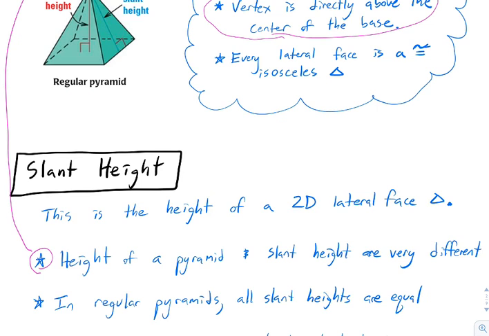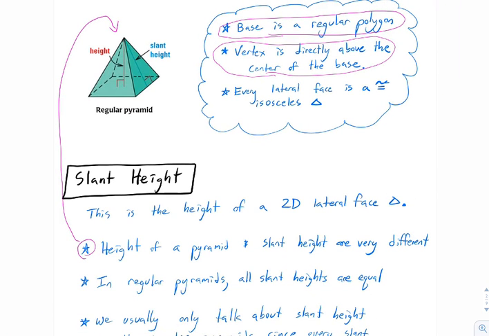Now, this is probably the single most common mistake when people are dealing with pyramids, is mixing up the height of the pyramid and the height of the triangular lateral face. So the height of the pyramid is, if I set this pyramid flat on the ground, how far is the tip above the ground? That's perpendicular or orthogonal to the base. Orthogonal is a nice word. It just means perpendicular in all directions, right?